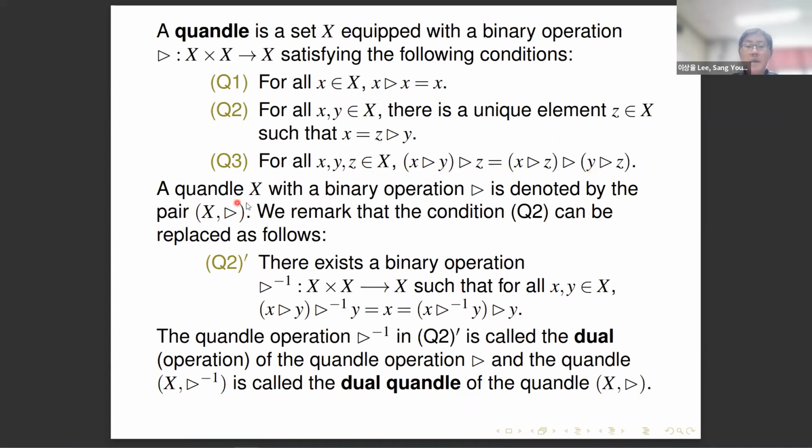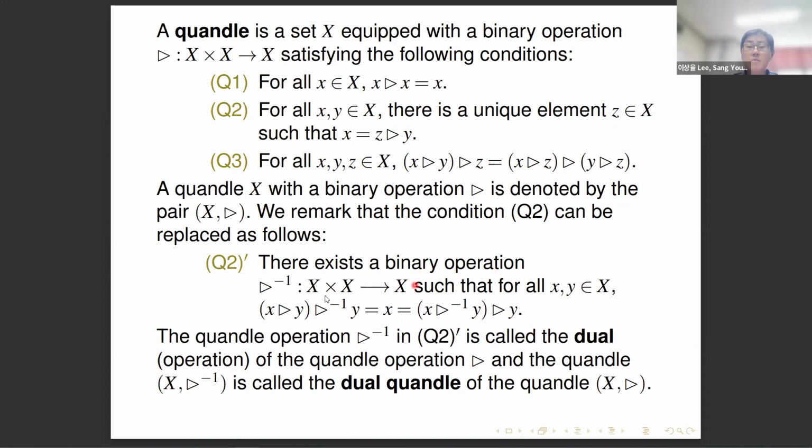A quandle X with a binary operation is denoted by this pair. We remark that the condition Q2, quandle condition 2, can be replaced as follows.